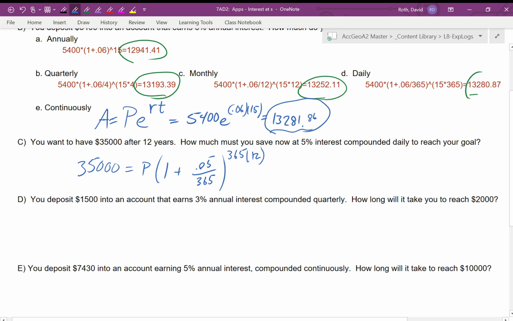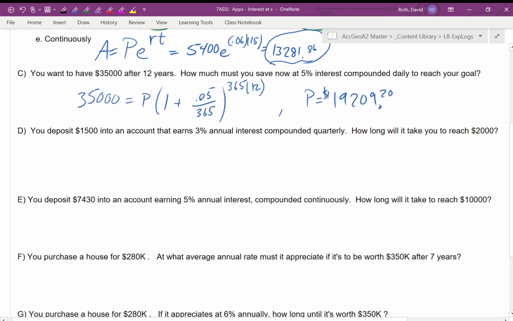Now when I solve that, I can get a decimal for this whole parenthesis raised to a power thing, and I'm going to basically do 35,000 divided by all that stuff, and I'll get P equals 19,209.20. Okay, not a bad deal. Put in 19,000, come out with 35,000, and that's the power of compounded interest and saving early for retirement and all those other things.